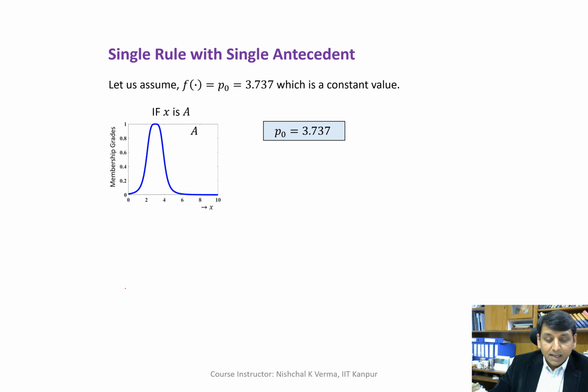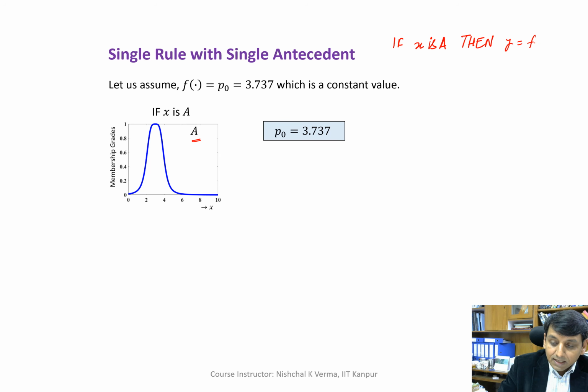If x is a, so x is here, so I can write here the rule that is characterizing this model. If small x is a, then the output here in this case, let's say y.